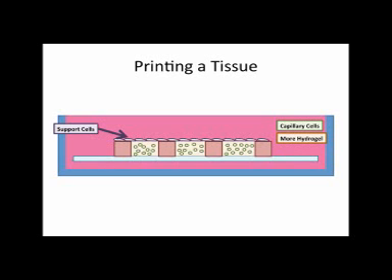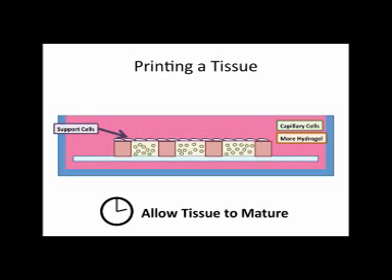So then I put the whole structure that I've created inside a dish and let it mature for some period of time. So through this process, I'm able to pattern the original material that allowed capillaries to form, as well as another material which closely matches the tissue that we're creating a therapy for.